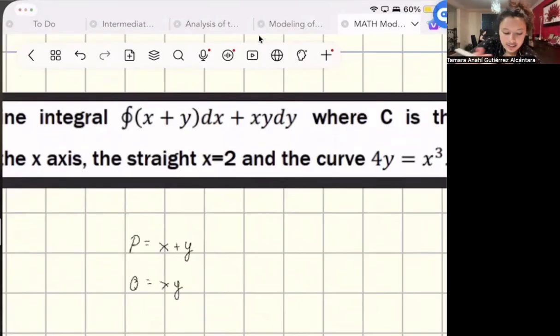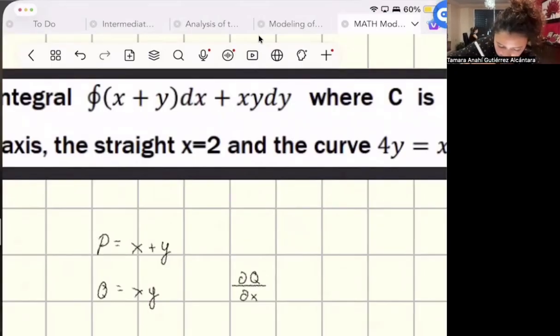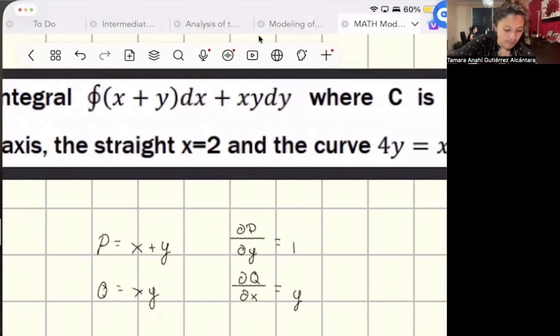And we're gonna find the derivatives: dQ with respect to x, which is y, and dP with respect to y, which is 1.